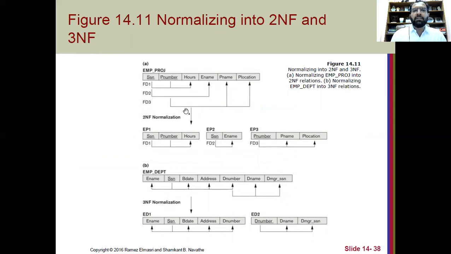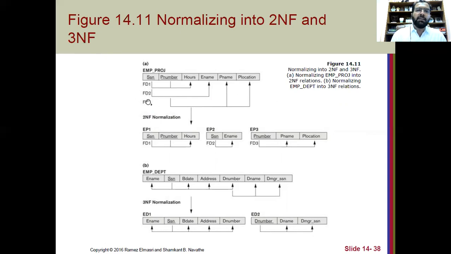Here we have the table, that is the employee project table, and here we have a key which is SSN and P number. So they both determine hours, this is true, but ename is only determined by SSN. This is FD2. What is FD3? With P number you can determine the P name, and from P number you can determine the P location.